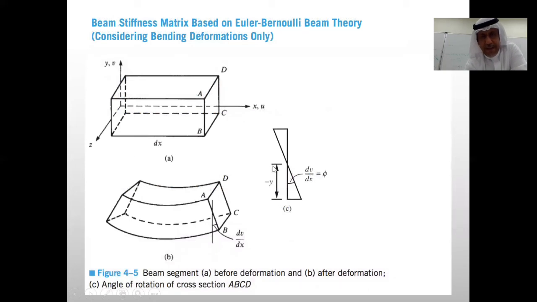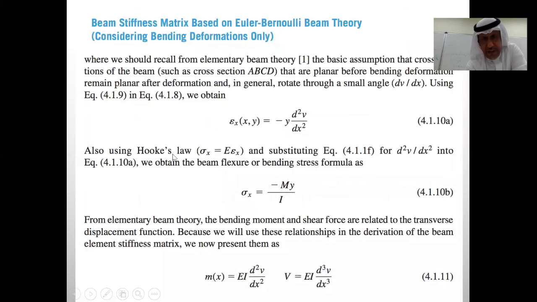Look, this is the relationship between the displacement, this one here is the rotation, and this distance. And then we substitute here this one, and then the stress. And then from the stress, we can find the moment.